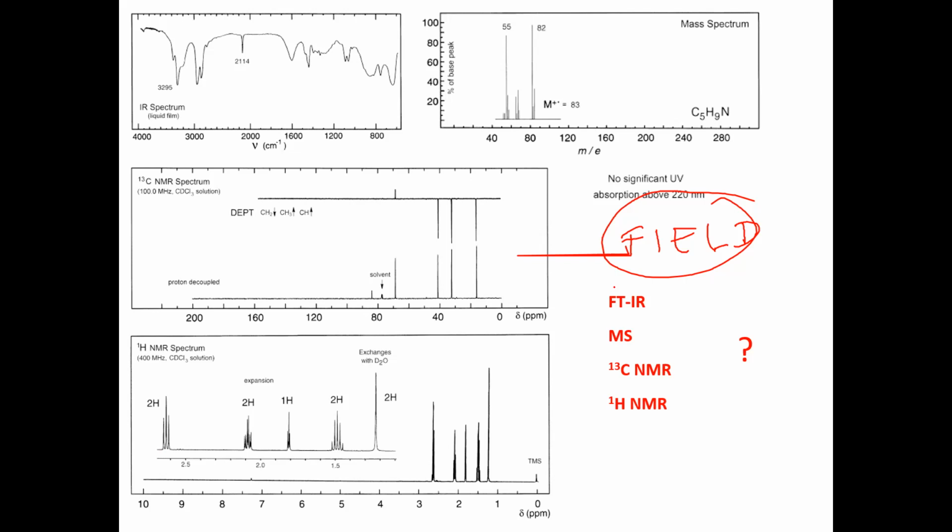Let's go for carbon 13. What can you say from carbon 13 NMR? 5 different carbons. Indeed. The oxygen that makes the free bonding oxygen.